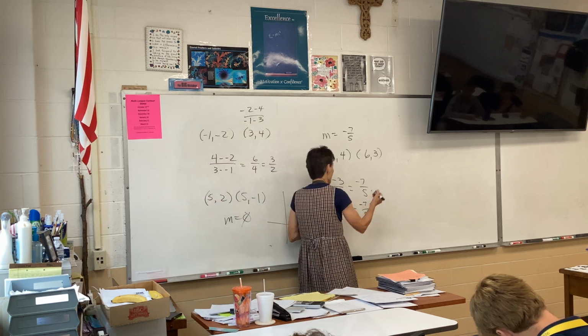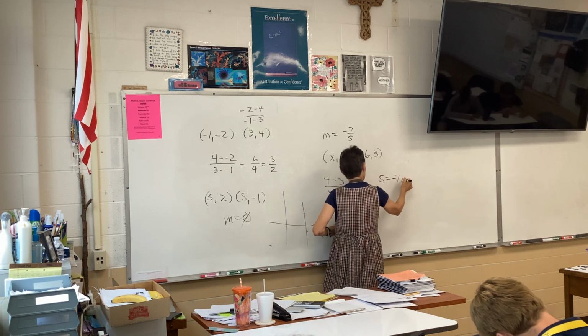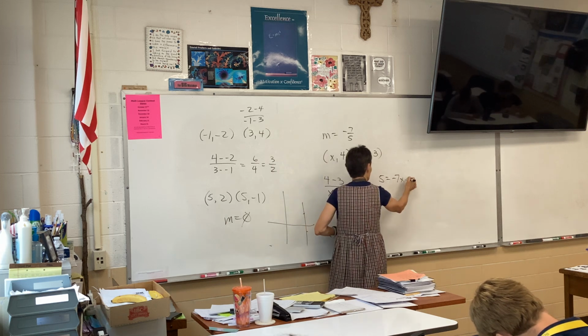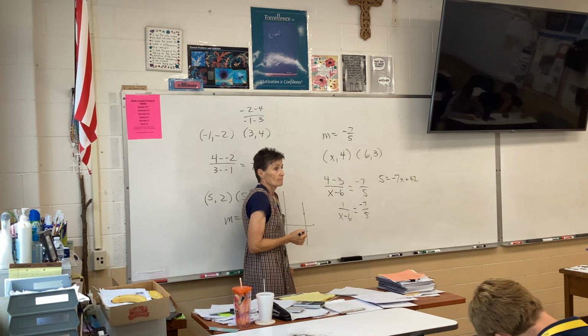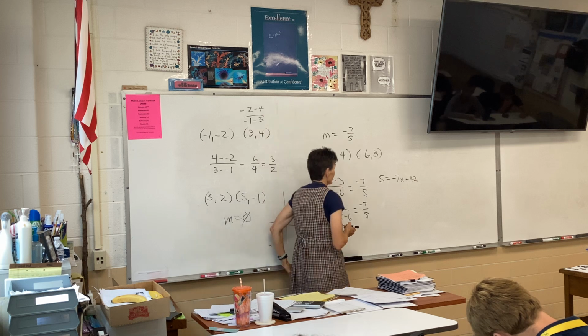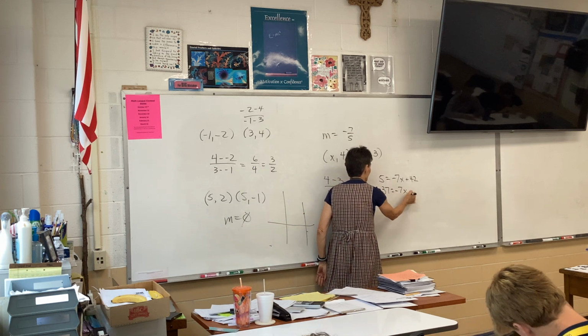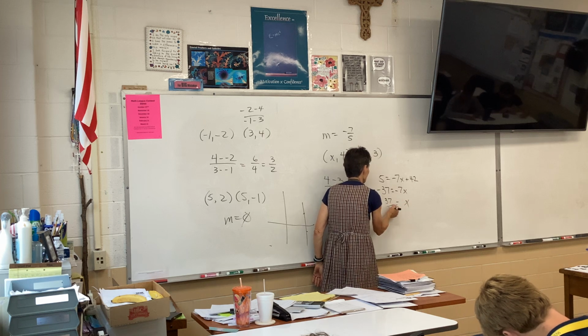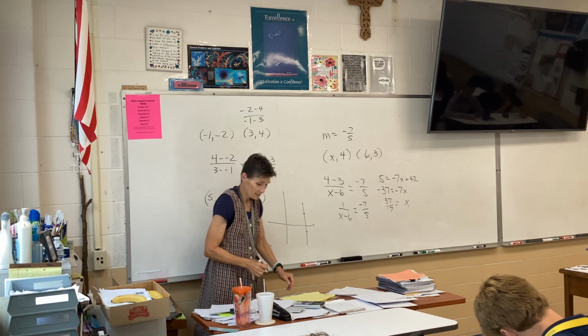So 5 equals negative 7x plus 42. Did you get 37/7? Easy enough.